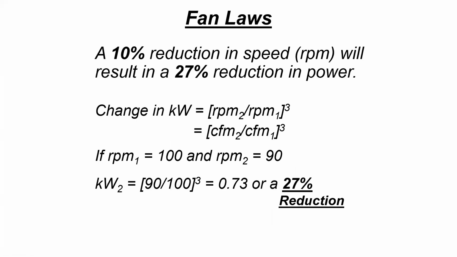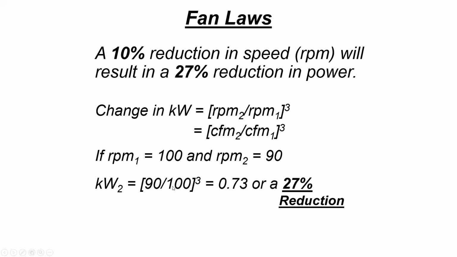One example here shows that a 10% reduction in speed will result in a 27% reduction in power. Let's look at this. Let's assume the initial RPM, rotations per minute, is 100. The 10% reduction means 90 RPM for state 2.